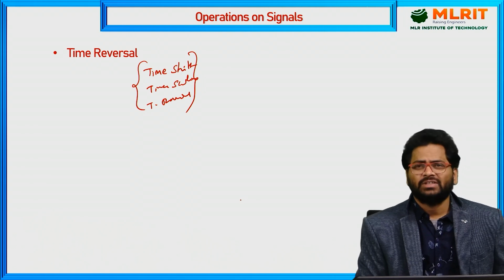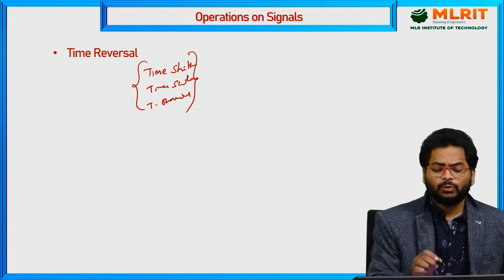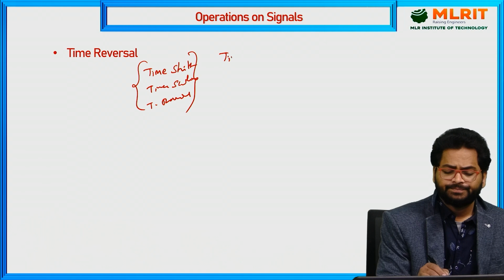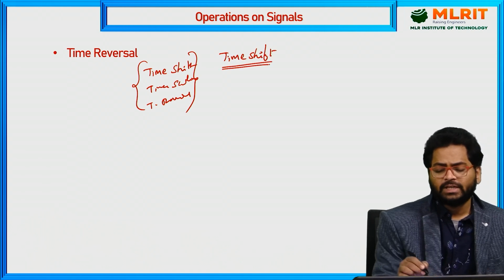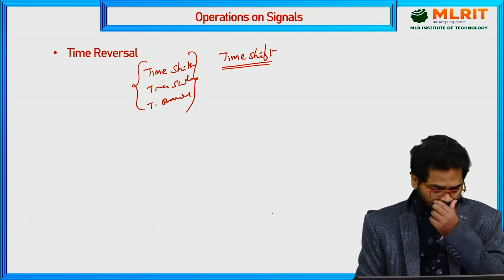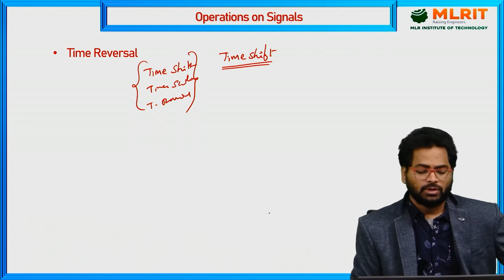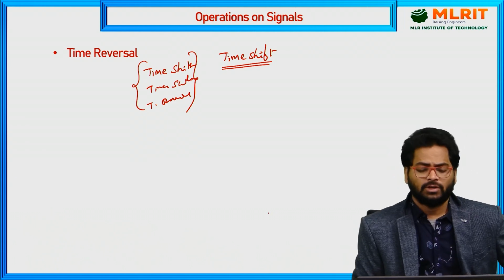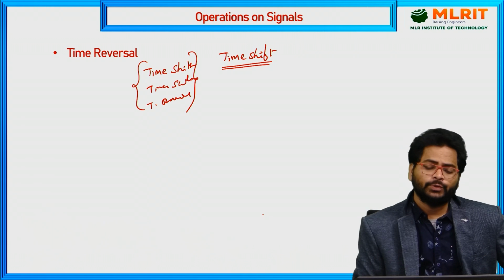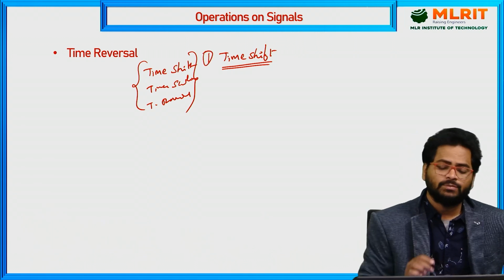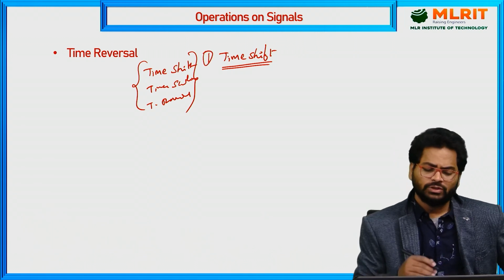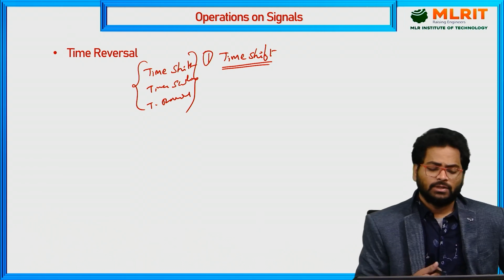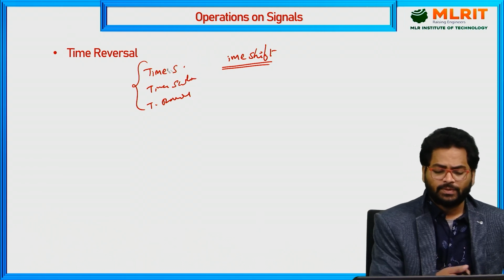According to the natural order, you need to do the time shift first. Once you do the time shift, then you can do the next one, time reversal or time scaling. It's not a big deal at all. But the first priority is the time shift only. So I'll explain with one problem.